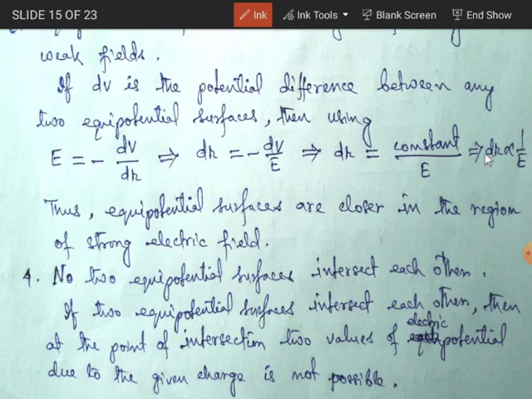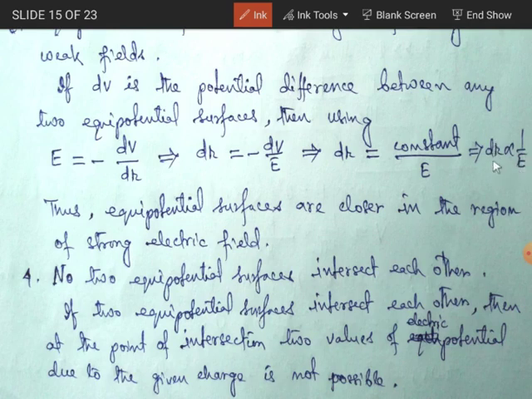Your dr is nothing but the distance between the two equipotential surfaces. So distance and the electric field E are inversely proportional. If dr is small, E will be large. If dr is large, then E will be small. When one increases, the other decreases.